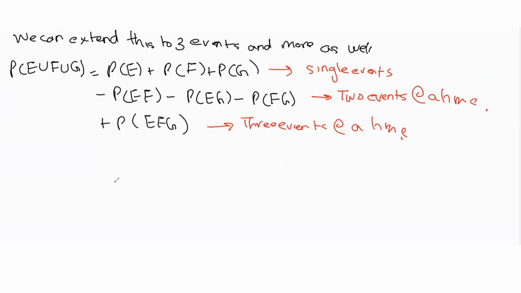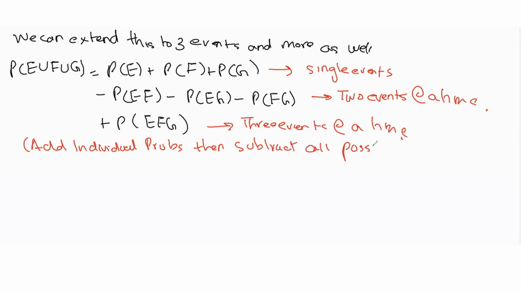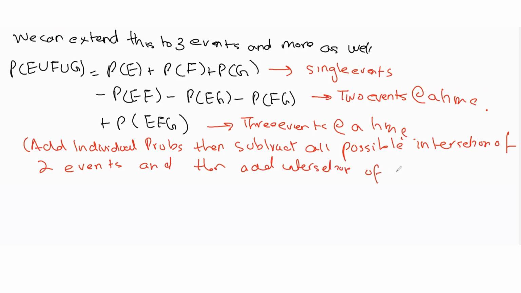So you add individual probabilities, then subtract all possible intersections of 2 events, and then add the intersection of all 3 events.